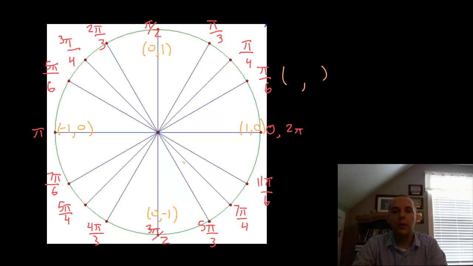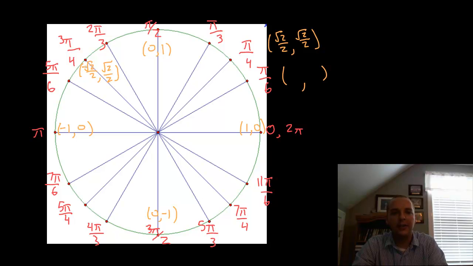Next, let's do the 45-degree type angles. We remember these are all root 2 over 2. So the first quadrant has a positive x and a positive y: root 2 over 2 comma root 2 over 2. The second quadrant has a negative x and a positive y.